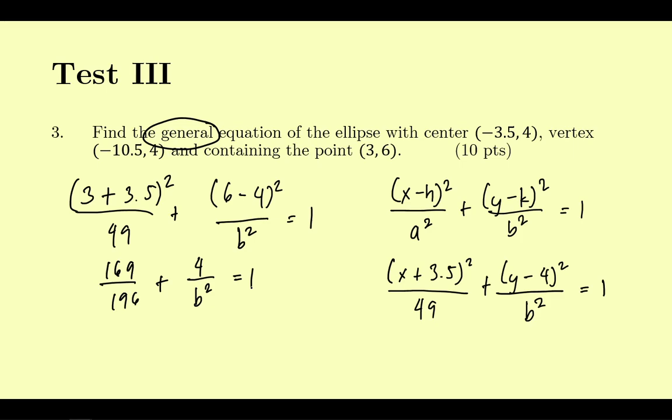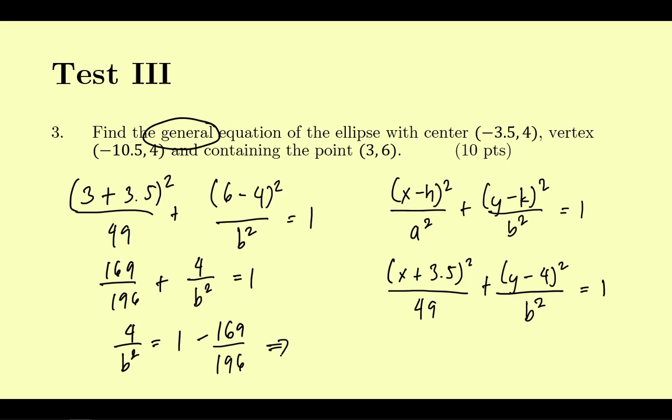And what do we do next? We can use the butterfly method, pero what I will use is I believe it's easier. 4 over b squared is equal to 1, and subtract 169 over 196 sa both sides.